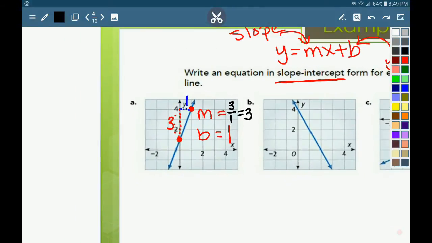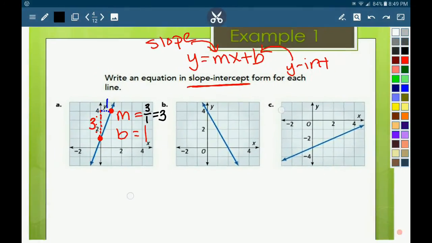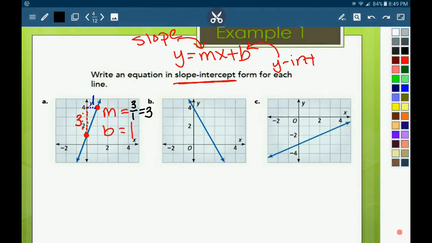So when I write my equation, I just need to plug in what I solved for m and b. The things that never change are the y equals and the x, and you fill in the rest. So you want to fill in the slope and you want to fill in the y-intercept. Now, the y-intercept should always be plus if it's positive.